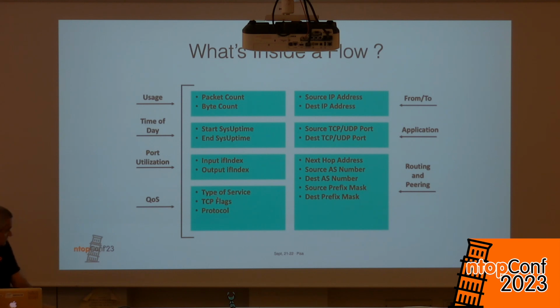It has some QoS information, very simple, like type of service and protocol, and of course it has the actors, who is talking to whom, and the application, which initially was labeled based on the port. As I said, today we also have DPI. DPI is reliable. The port is not reliable, because you can put your web server on port 4000 or on port 443, and instead of having HTTPS you have HTTP, and the other way around.